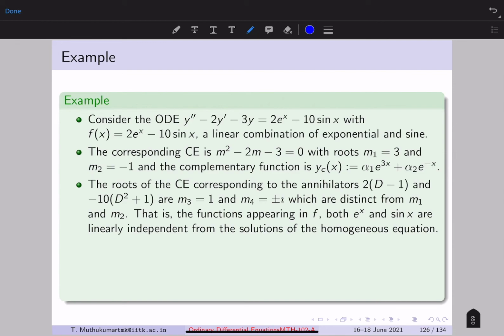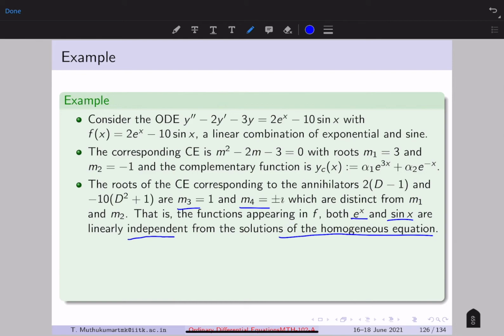Okay, so the functions appearing in f are a linear combination. E power x and sine x are linearly independent from the solutions of the homogeneous equation. That is, there are no roots matching them.